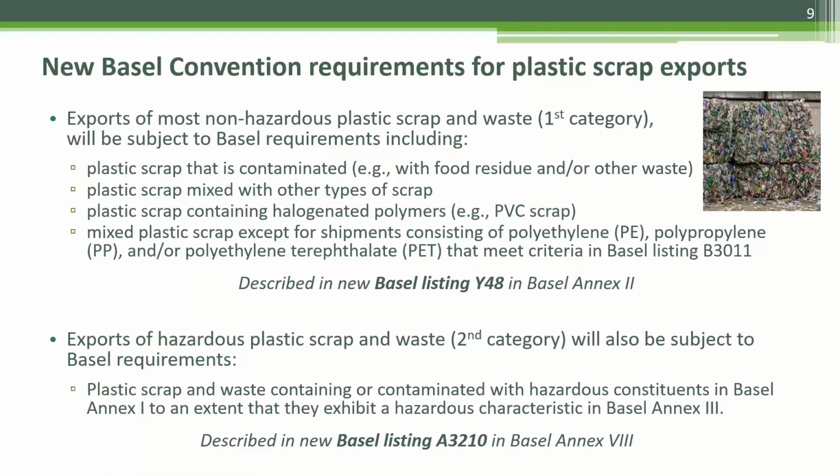Plastic scrap and waste that doesn't meet the criteria of category 3, which I just described, would be covered under either the first or second categories I mentioned before, and would be subject to prior notice and consent requirements.